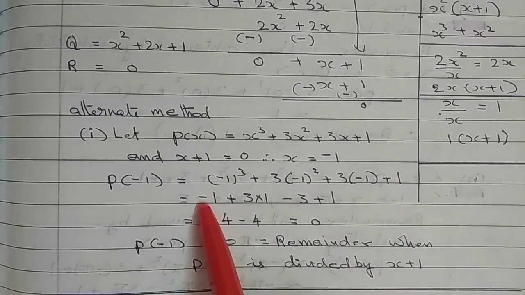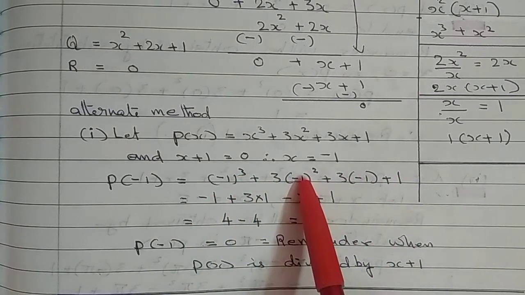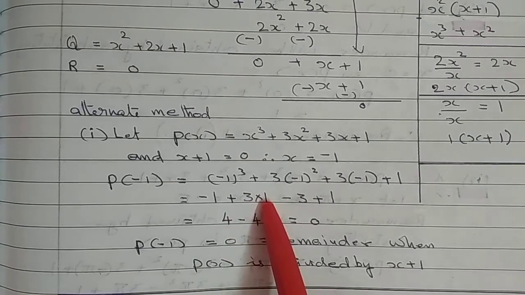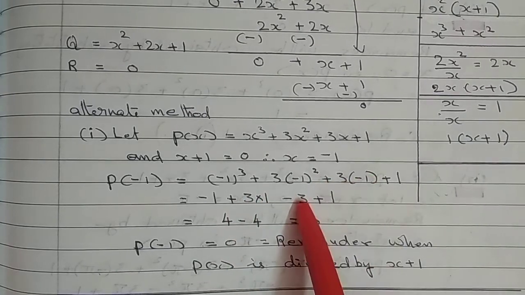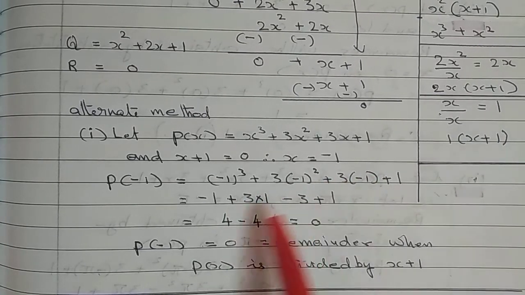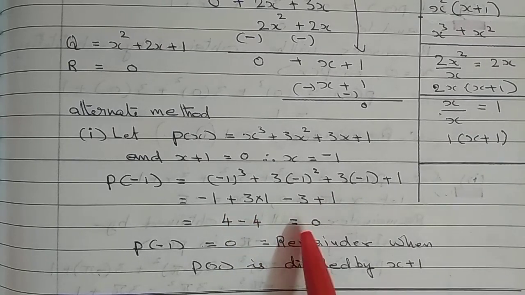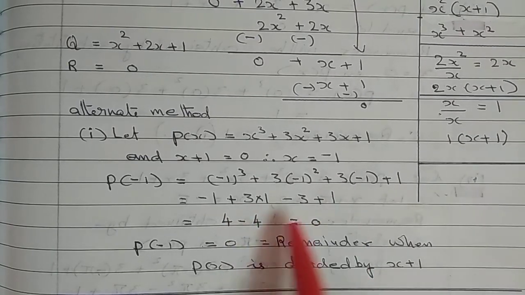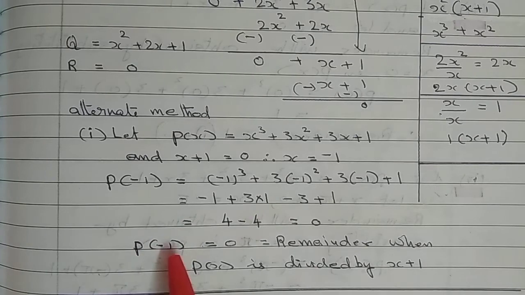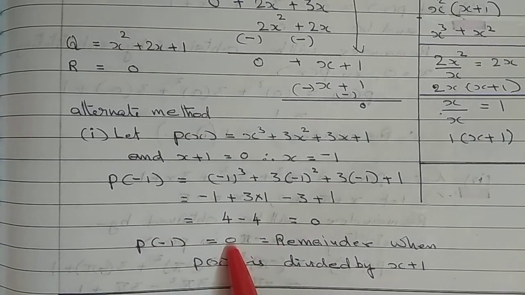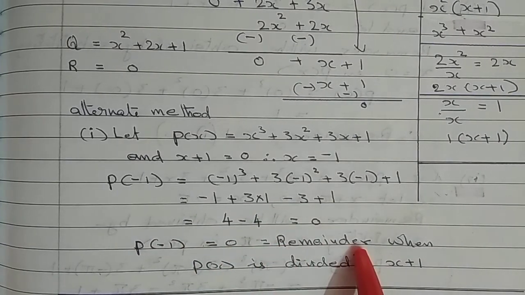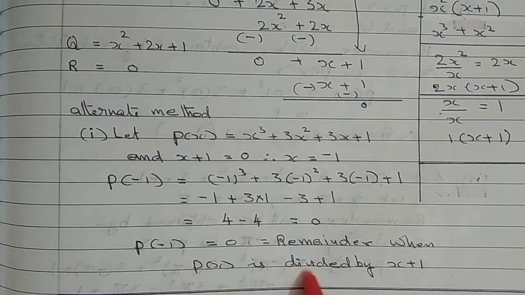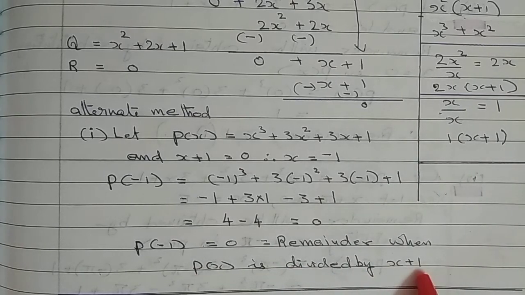Minus 1 cube is minus 1. Minus 1 square is plus 1, so 3 into 1 is 3. Then 3 into minus 1 is minus 3, plus 1. That gives 4 minus 4, which equals 0. Now p of minus 1 equals 0. This is the remainder when p of x is divided by x plus 1.